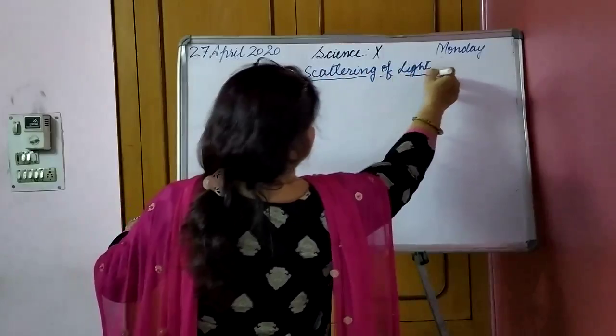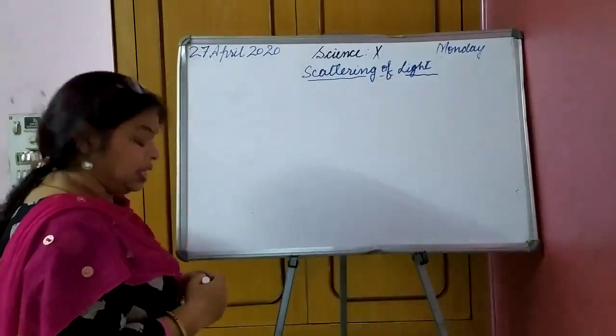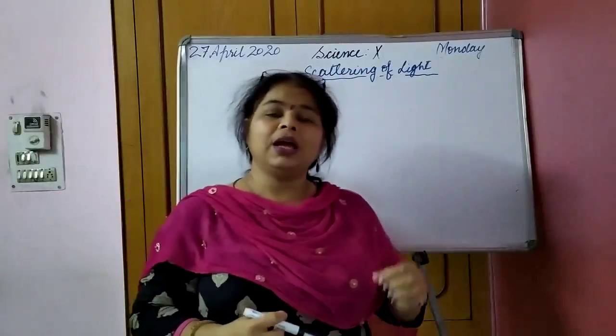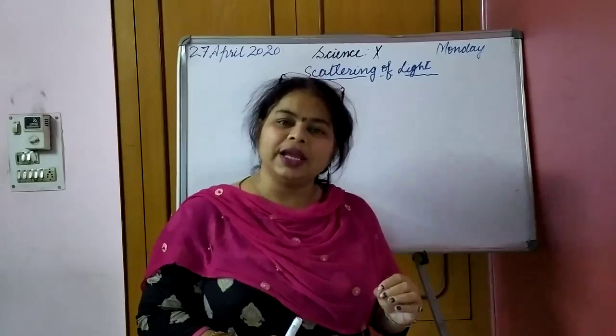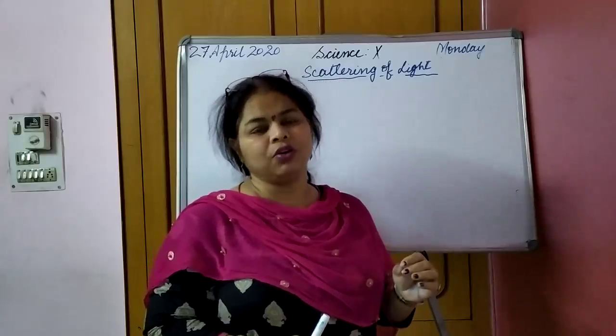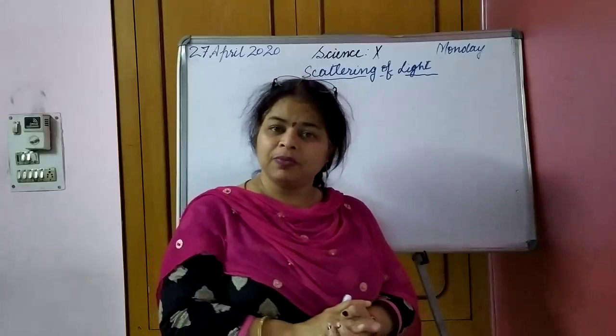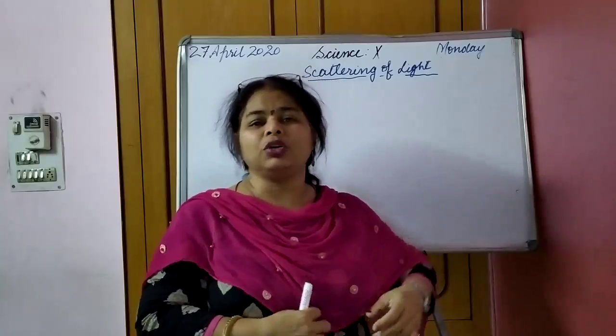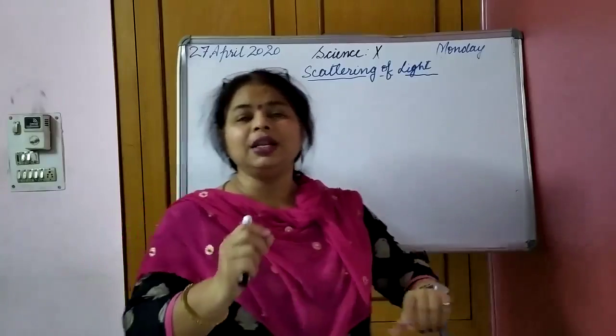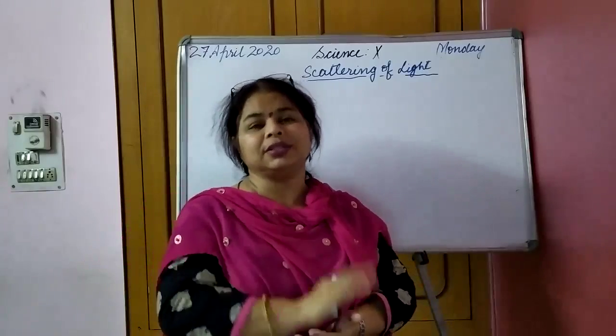What is this? See, scattering of light happens when the sunlight enters the atmosphere of the earth. Now you know that the atmosphere is there, and the atmosphere contains what? It contains the atoms and molecules of different gases.